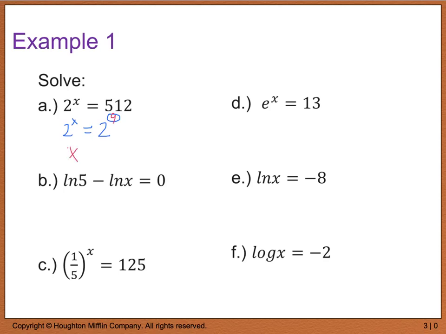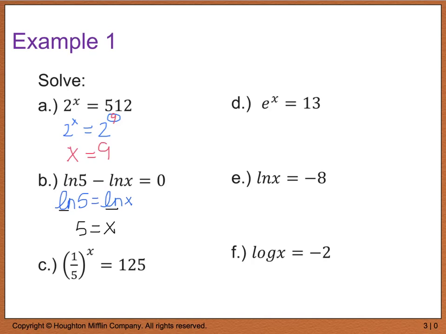So x equals 9. Likewise, for part B, we have the natural log of 5 minus the natural log of x equals 0. If I rewrite this as the natural log of 5 equals the natural log of x, both of these have a natural log in them. So I can assume that 5 is equal to x based on the one-to-one property.